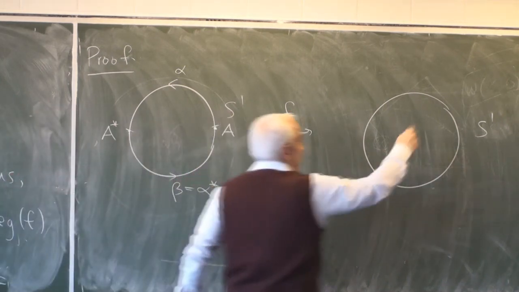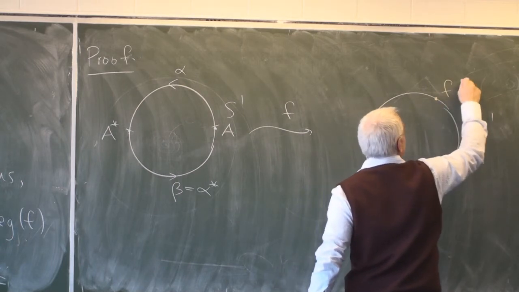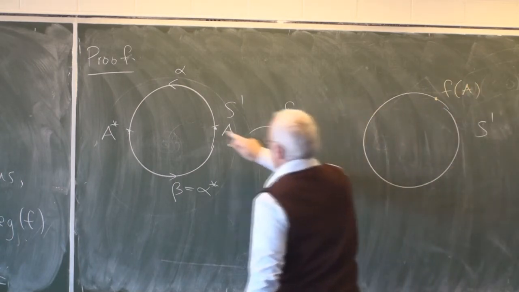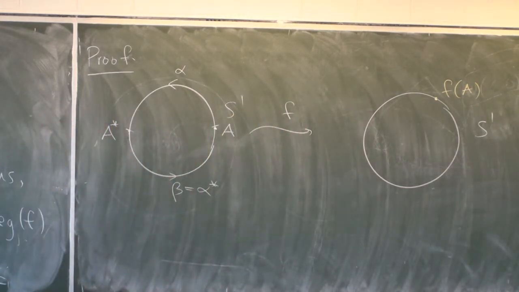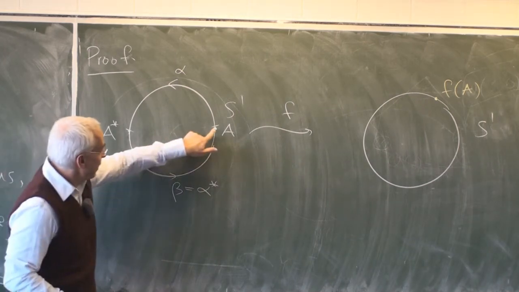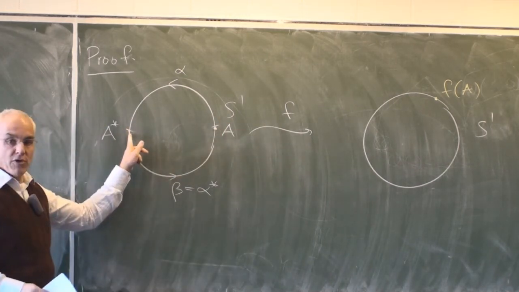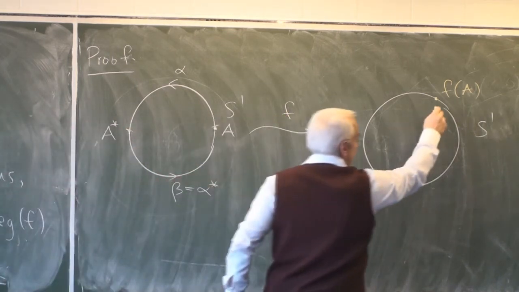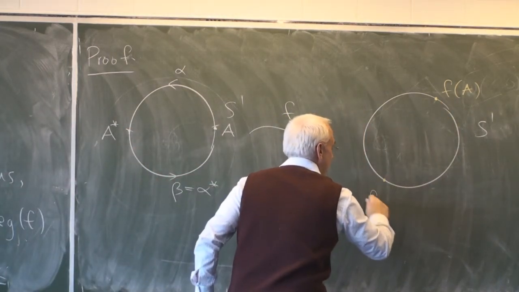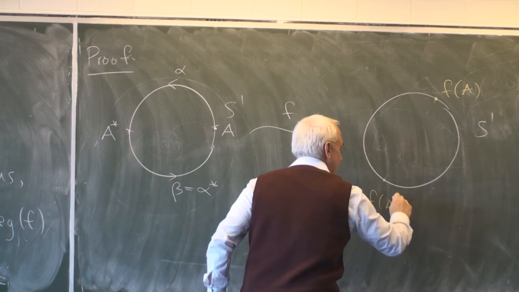So f of A is some point, let's say there. And we're assuming that this map has the antipode property. And that means that if we know where A goes, then the antipode of A has got to go to the antipode of where A went. So if that's f of A, then this must be f of A star.